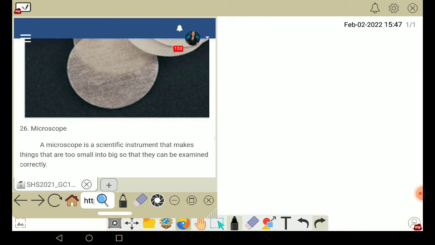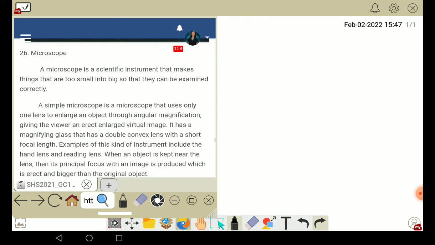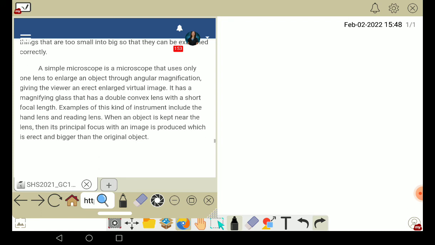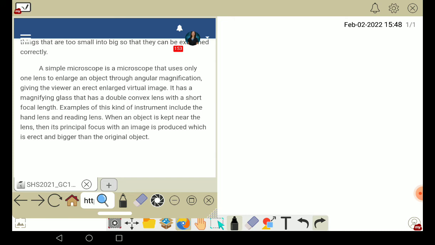Next, we have the microscope. A microscope is a scientific instrument that makes things that are too small appear bigger so that they can be examined correctly. There are different kinds of microscope. A simple microscope uses only one lens to enlarge an object through angular magnification, giving the viewer an erect, enlarged virtual image.